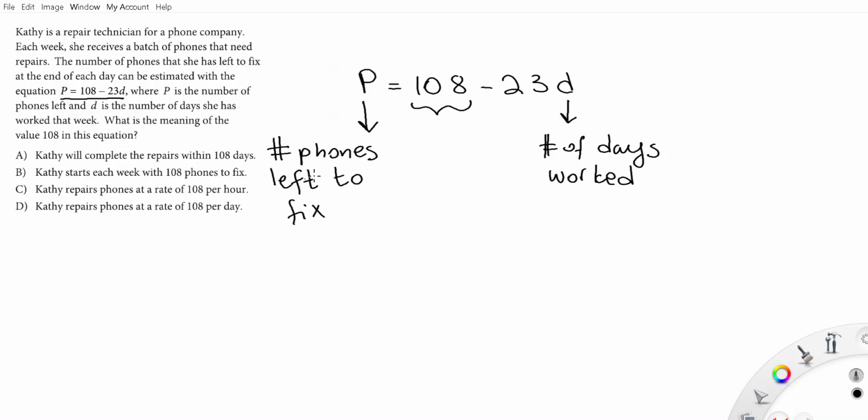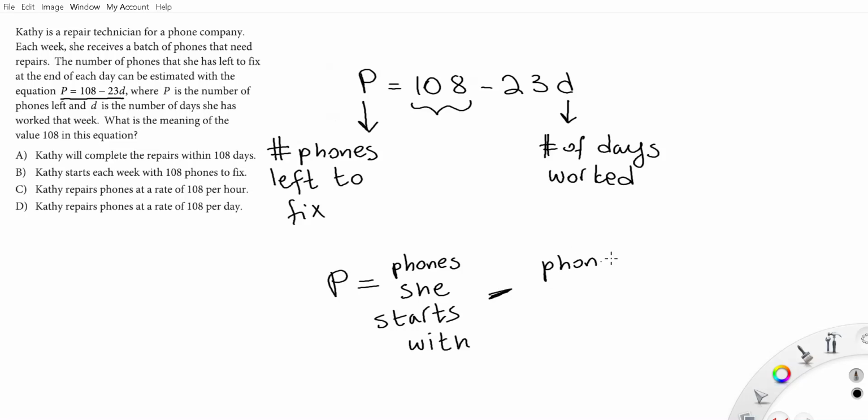So if P is equal to the number of phones left to fix, another way that I can represent P, the number of phones left to fix, is by saying that if I have the number of phones she starts with, right, and I subtract from that the number of phones she fixes every week, then I'll have the number of phones that she has left to fix.